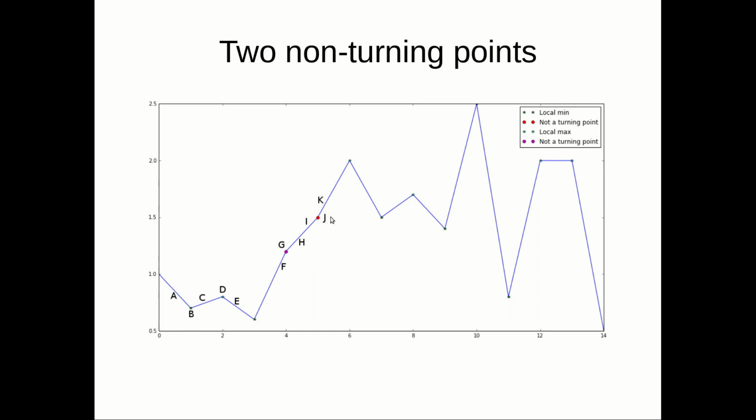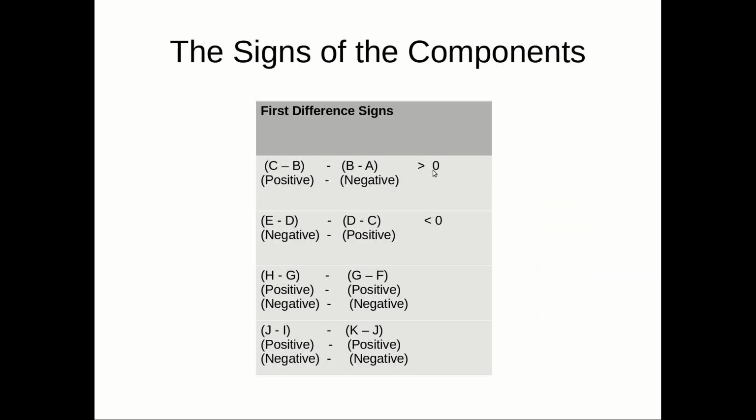So basically, the first differences of the turning points always change sign, whereas the non-turning points have the same sign. This table summarizes the turning points and non-turning points. The non-turning point can be both positive, as in climbing towards a maximum, or both negative, as in descending towards a minimum.